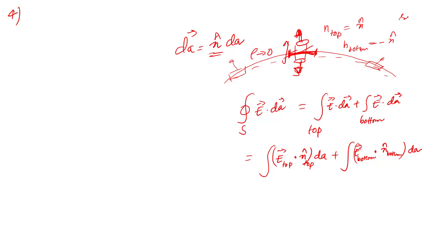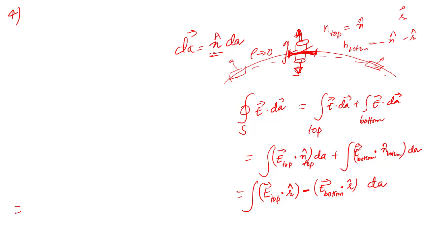In spherical polar coordinates, this would be r, and this would be minus r. So in case of a sphere, we can write this as an integral of E top dot r minus E bottom dot r dA.